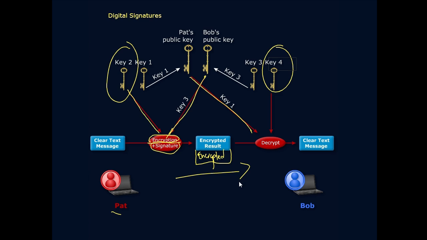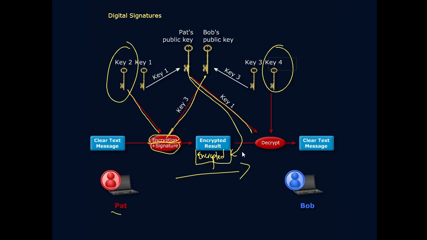Now, when I open up this message, I have a problem. It's unreadable. So what do I do? First off, I need to break the first layer of encryption. It has been encrypted by Pat's private key, so I need Pat's public key to break the encryption, don't I? So this first layer, I use Pat's public key to decrypt this.